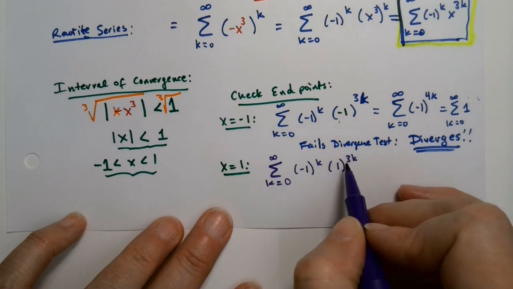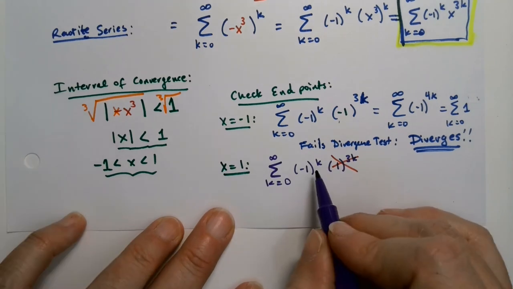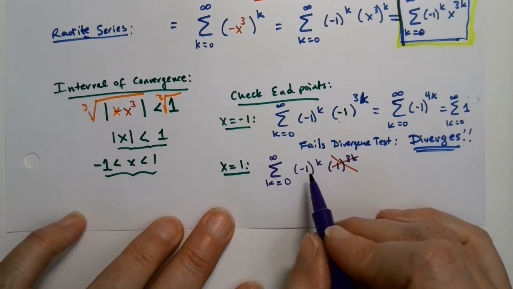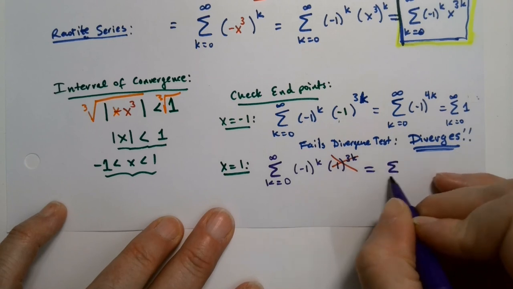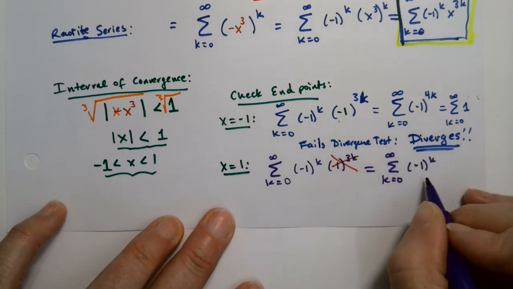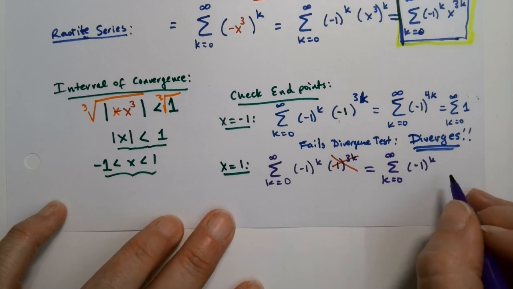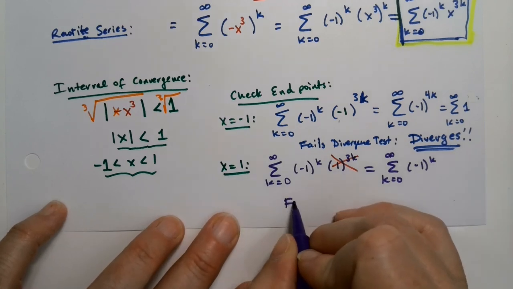It's 1, 1, 1, 1, 1, 1, all the way down. So this kind of goes away. And I'm left with negative 1 to the k. So that diverges, right? It doesn't pass the divergence test either. The limit of negative 1 to the k is not 0. It actually flip-flops. It goes 1, negative 1, 1, negative 1. So it never goes anywhere. So that also fails the divergence test.